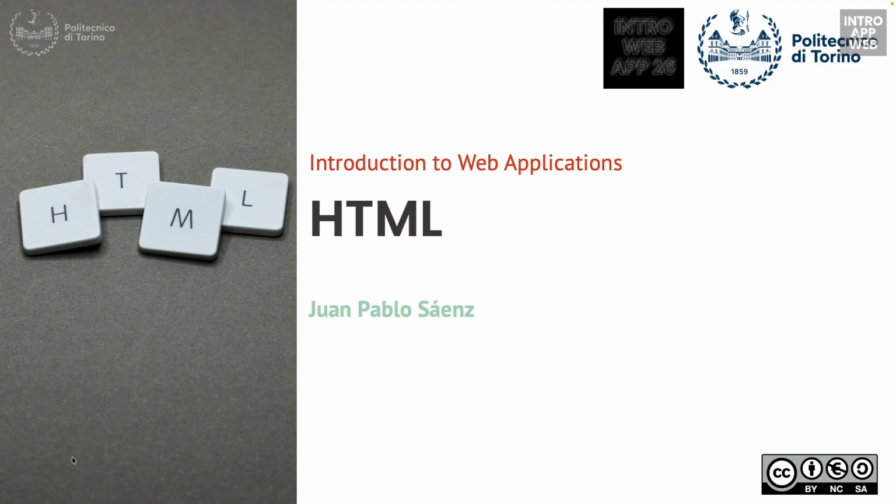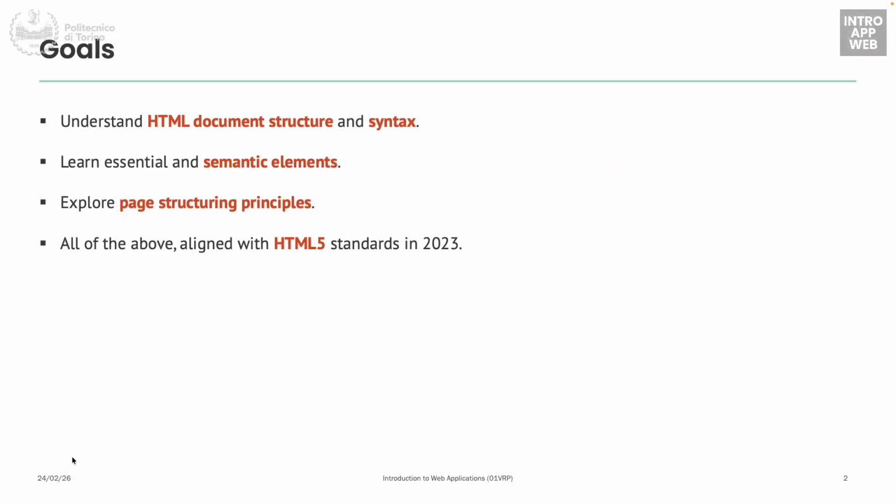Are we ready? Okay. So we'll start with HTML. What is HTML? It's basically the standard through which web pages are structured and written and built. So we'll try to understand what is an HTML document, what is the structure of the document, and the syntax of the document.